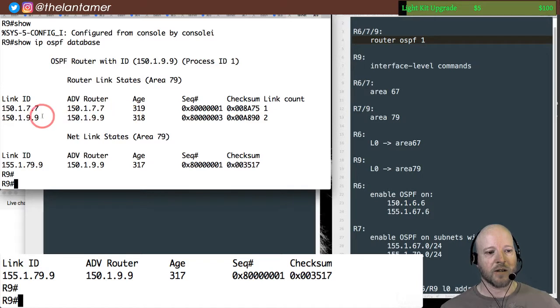So this is the router, and this is the link that we added, right? The link ID 155.1.79.9. We don't, however, have one for, yeah, I'm not sure in this case.